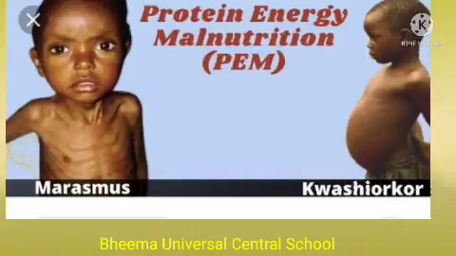Deficiency of protein along with carbohydrates is called protein energy malnutrition. It leads to marasmus. Marasmus is more common among infants and children below 5 years of age.